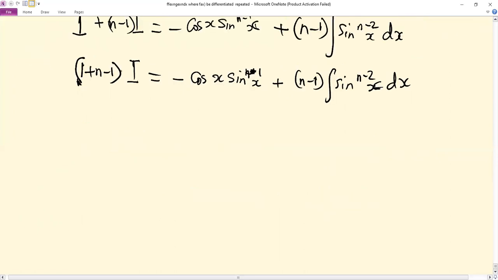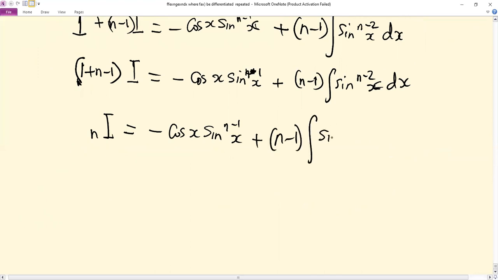Now the coefficient is 1 plus n minus 1, multiplied by I, and 1 plus n minus 1 is n. So n I is negative cos x sine n minus 1 x plus n minus 1 times the integral of sine power n minus 2 x dx.